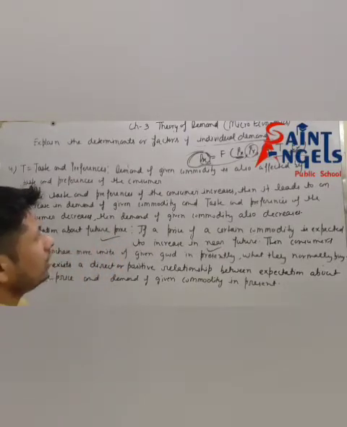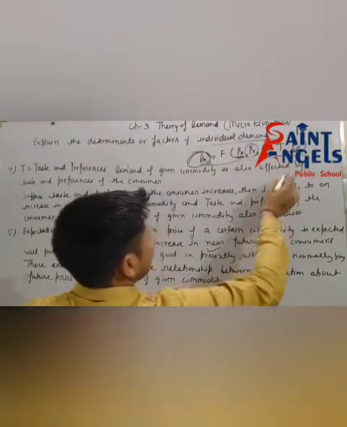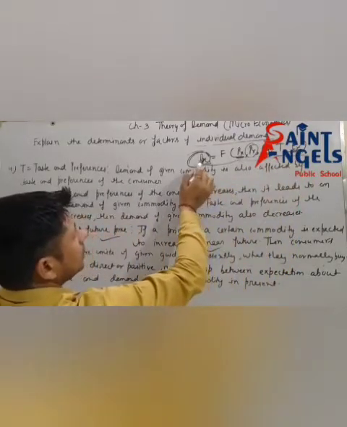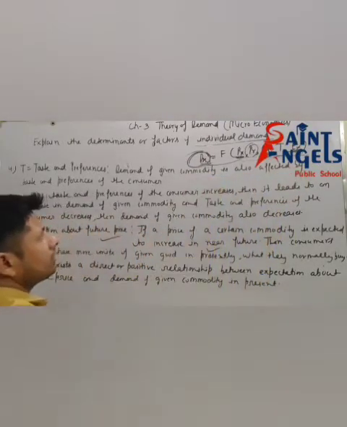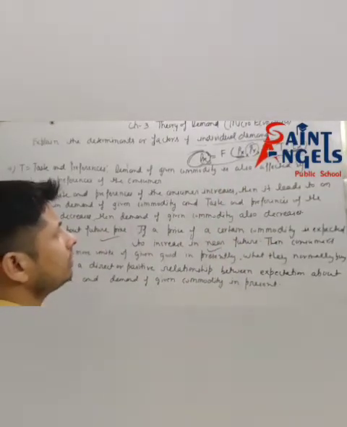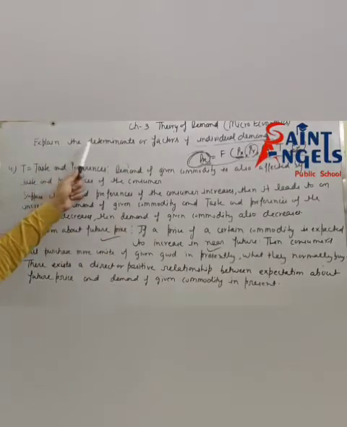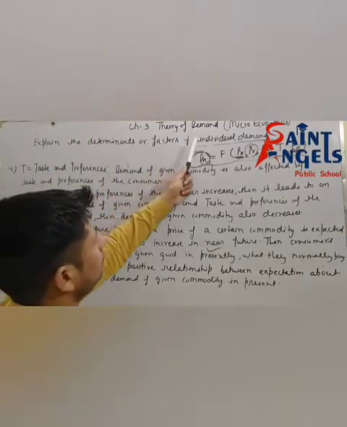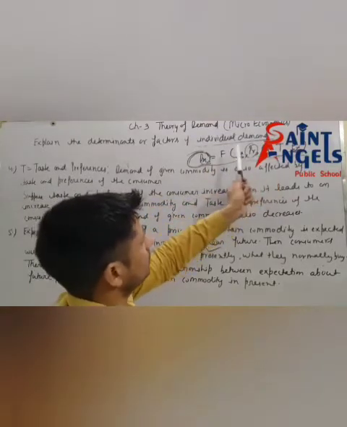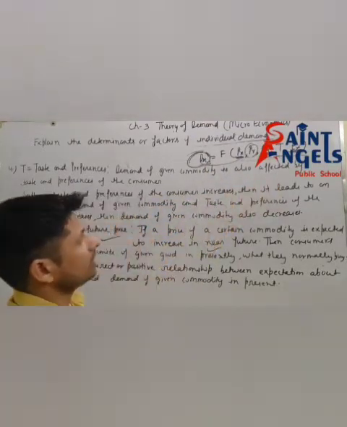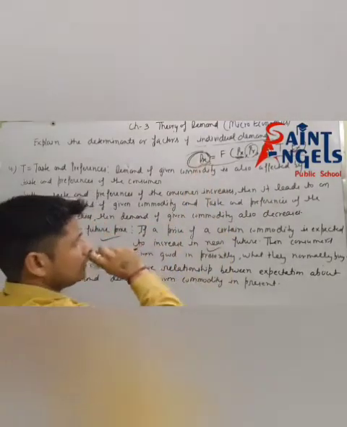But see, now we have discussed five factors of individual demand. We can say five factors of individual demand of given commodity. See, what was the question? Explain the determinants or factors of individual demand. See, these are five factors which are affecting individual demand of given commodity.